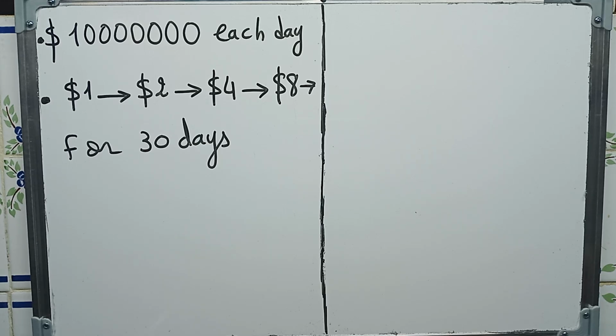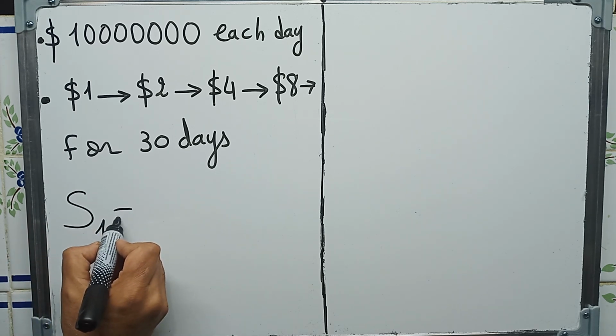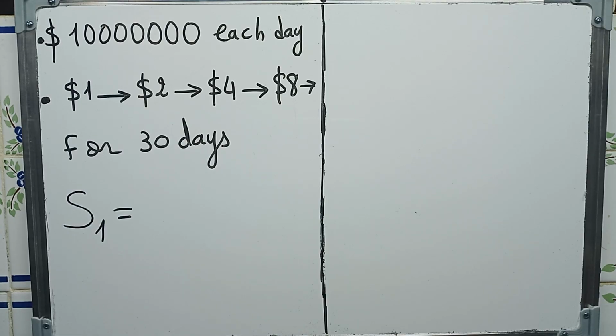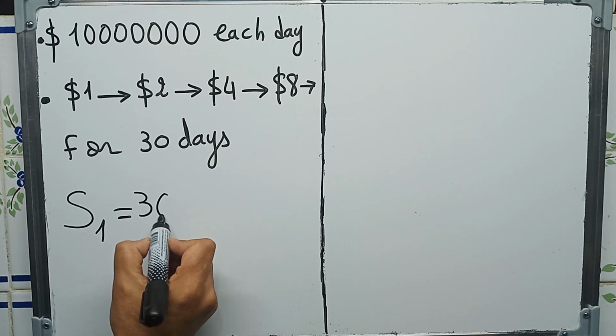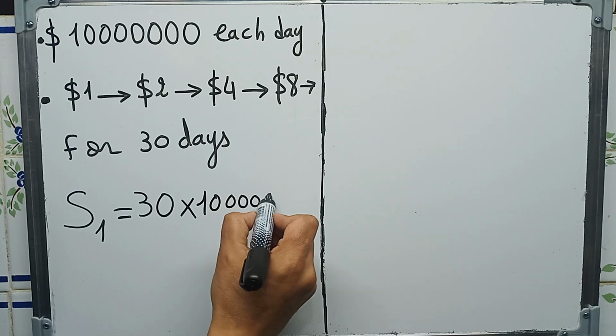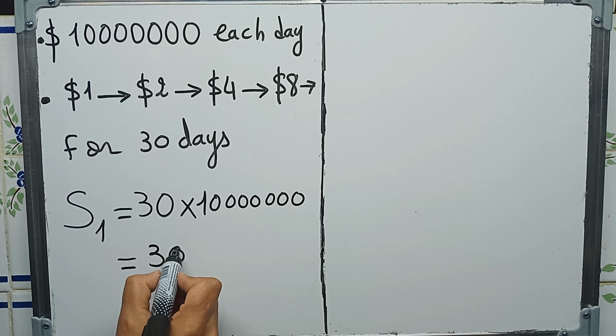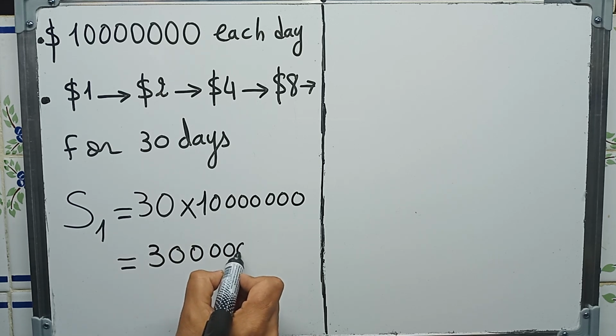To know the answer, we must evaluate every sum. So, for the first option, we will call it S1, and since it's for 30 days, and for each day we have $10 million, our sum will be just 30 times 10 million, which is 300 million.